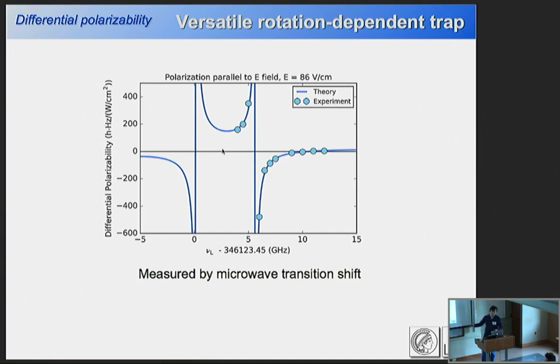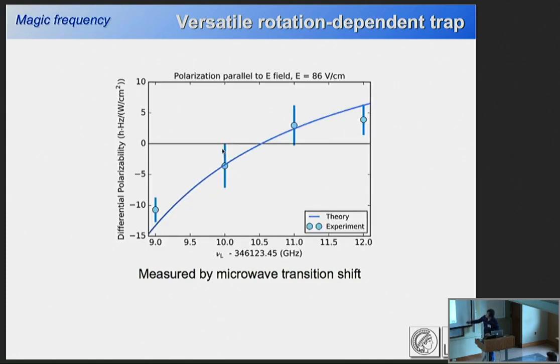Because we have very stable electric field and all the tools we developed for the magic trap, we can precisely map out this differential polarizability. And here, around 10 gigahertz, you can see the polarizability changes sign. Here's a zero crossing, where this is a magic wavelength. So again, we can create a kind of magic trap for polar molecules.